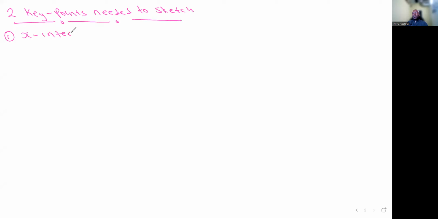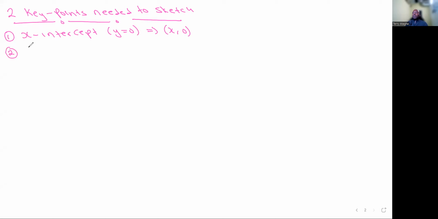As I told you, at the x-intercept, y is equal to 0. We discussed this in the previous video. At that point, y is equal to 0, and you write it as (x, 0).